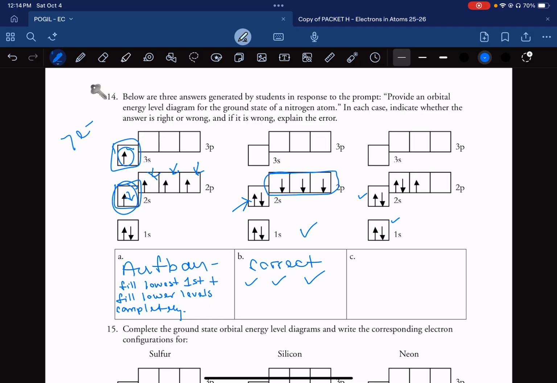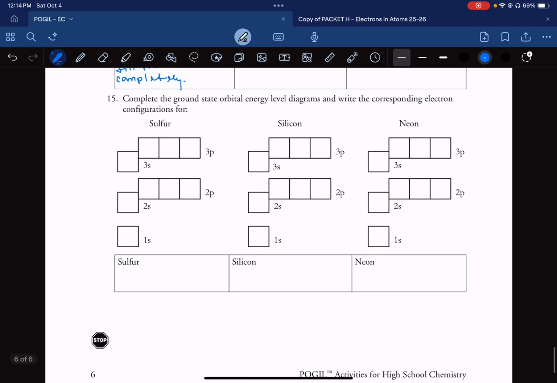That just means if we draw a little P, then everybody has the same spin before we could go back in and put one as a downspin.